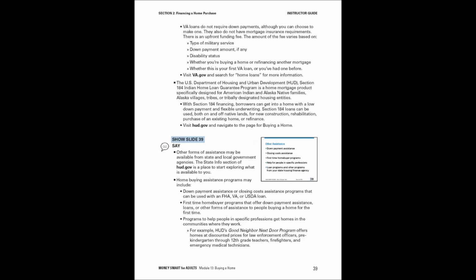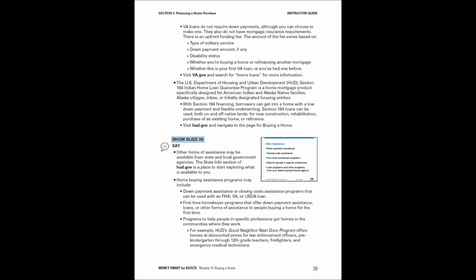In addition to that, there are other assistance programs that are available. So in terms of the affordability factor, there may be opportunities in a particular area where there's down payment assistance or closing cost assistance programs that can be used with the FHA, VA, or USDA loans, and first-time homebuyer programs that offer down payment assistance or other forms of assistance to people buying a home for the first time.